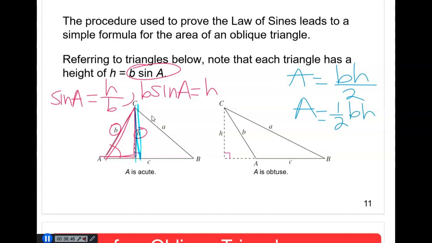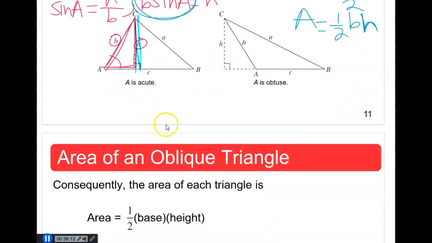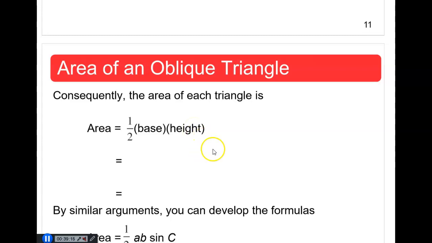So back then, you were probably given right triangles, or you were given the height to substitute. And then perhaps in high school, you learned how to find the height of a triangle by using the Pythagorean theorem. So in this case, instead of worrying about finding the height, we're going to use an expression such as that one. And on the next slide, I'm going to show you how we will derive that.